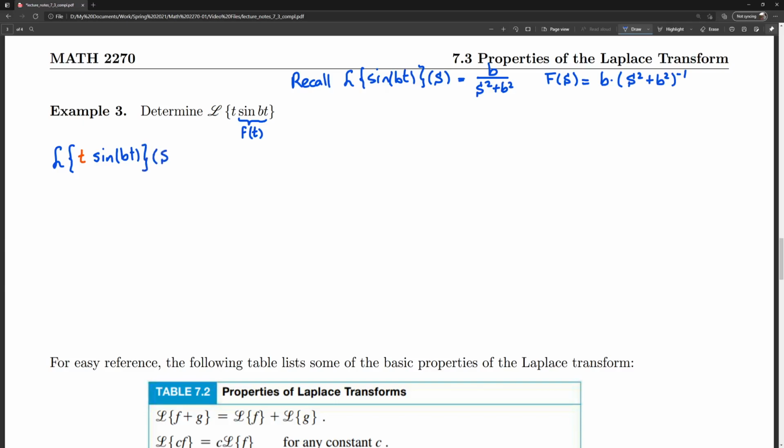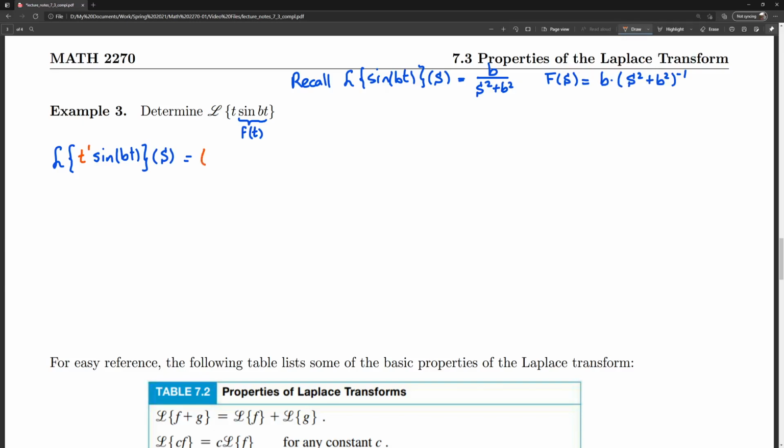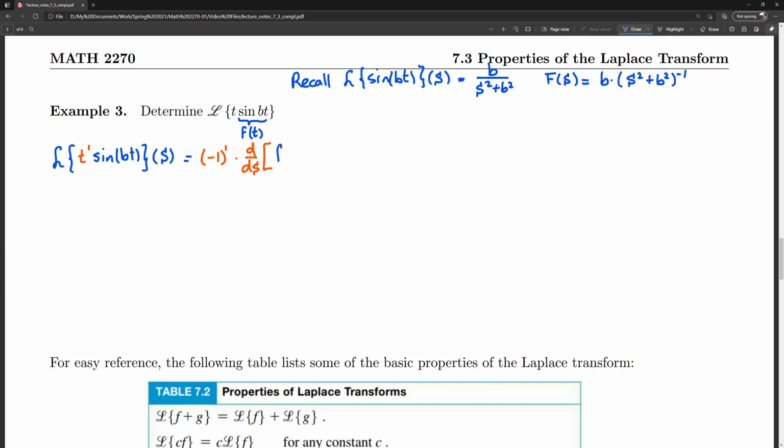And by the previous theorem, if you multiply your function times t, since this is t to the power 1, we have to multiply times negative 1 to the power 1, and then we take the derivative of F of s.